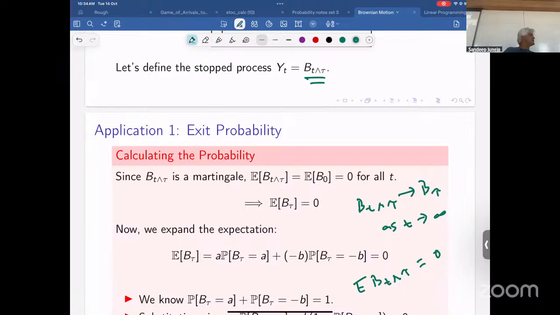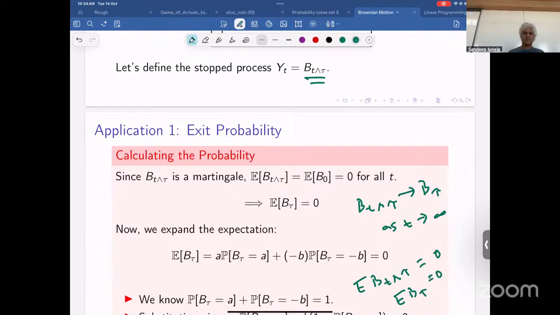It's a martingale, so it is equal to E of B of 0. It's true for every t. So one sequence is always 0 and it's converging to E of B of tau, right? A sequence of values which are always 0 is only converging to 0. So E of B of tau must be 0.